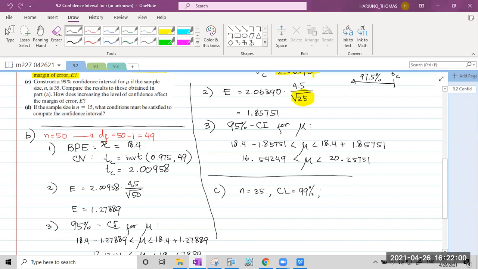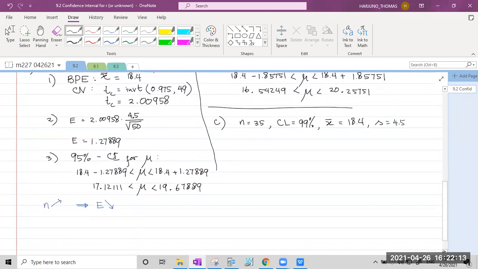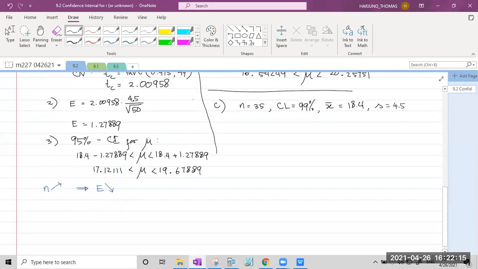Let me write down the information again: the sample mean is 18.4 with sample standard deviation 4.5. Now, can you construct the confidence interval for this case?